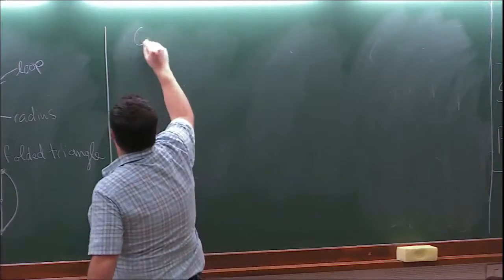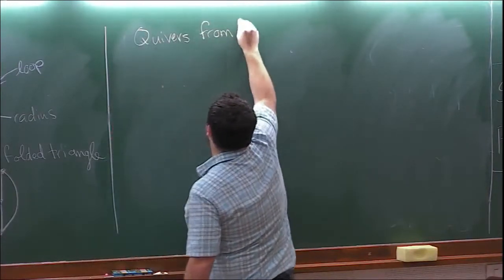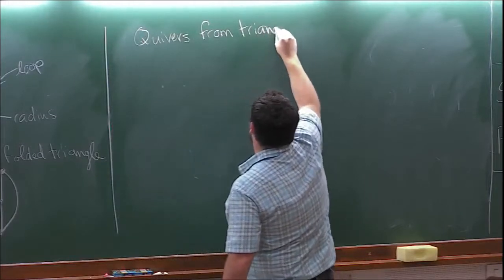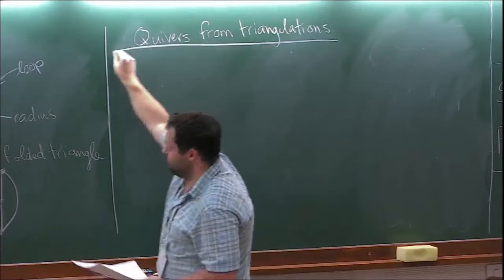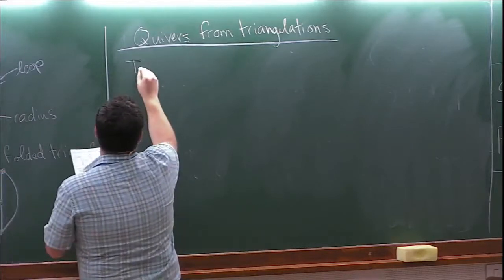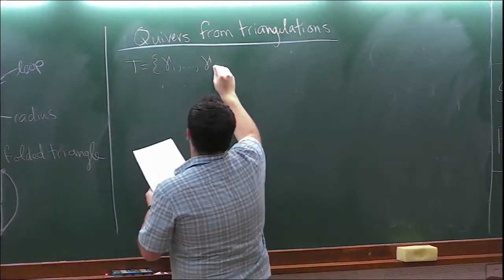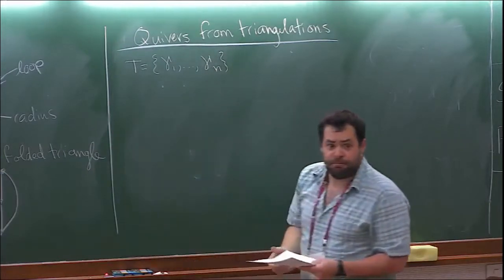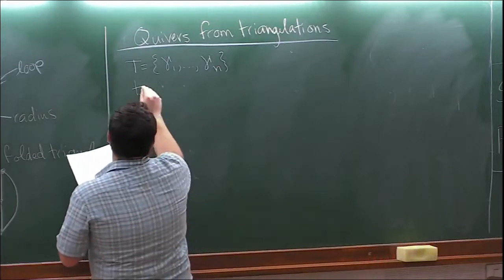Okay, so quivers from triangulations. If I have a triangulation of a surface, a triangulation is made up of a bunch of arcs which are pairwise compatible, a maximal collection that's pairwise compatible.